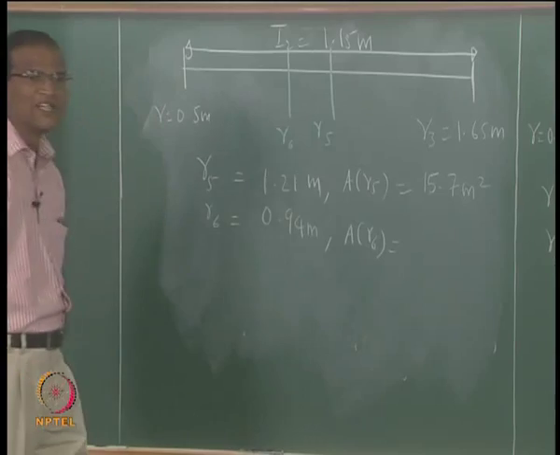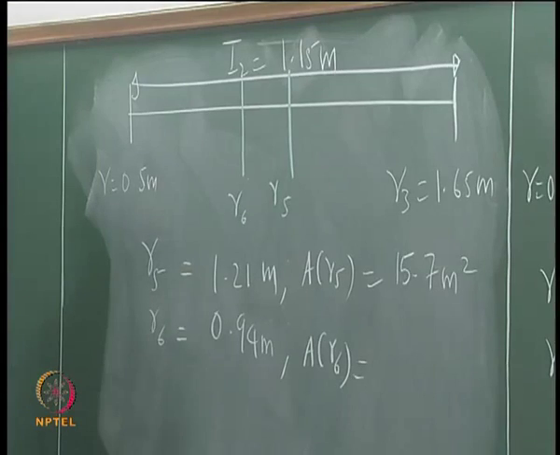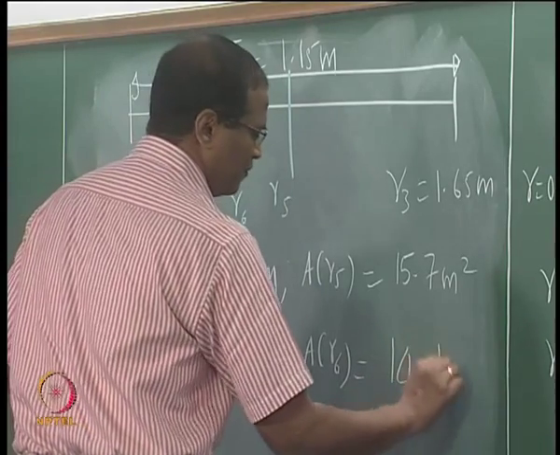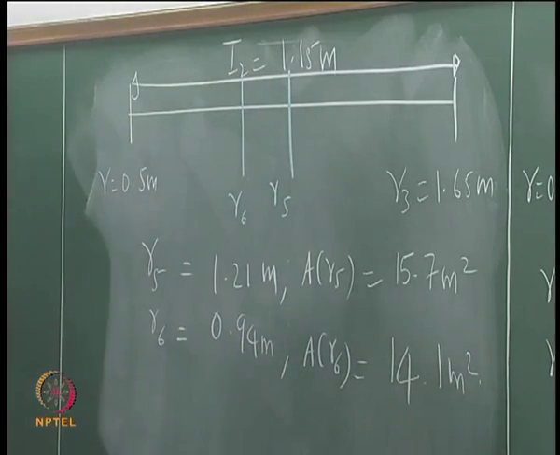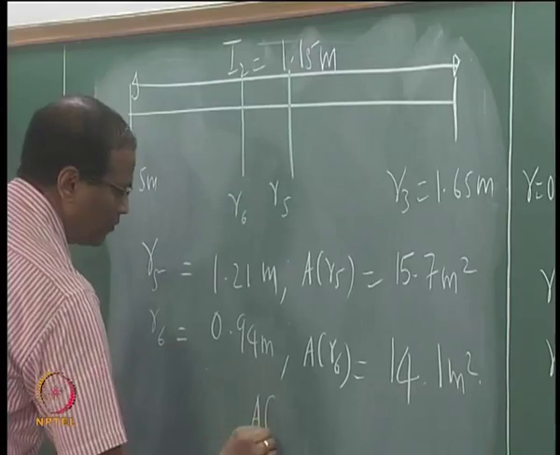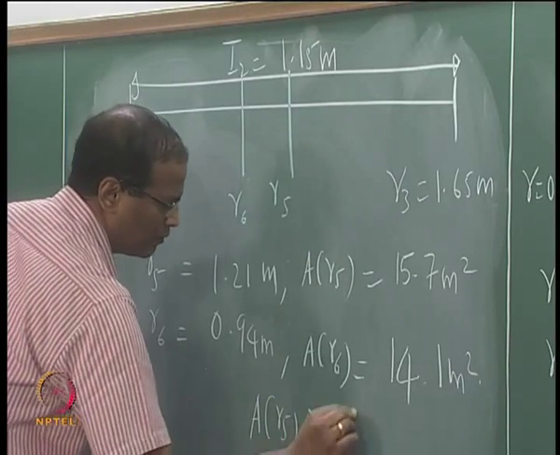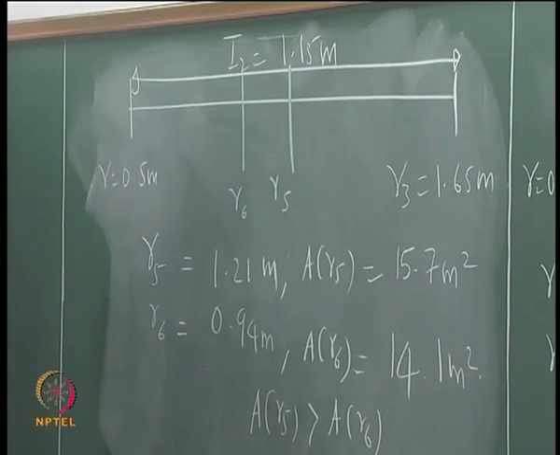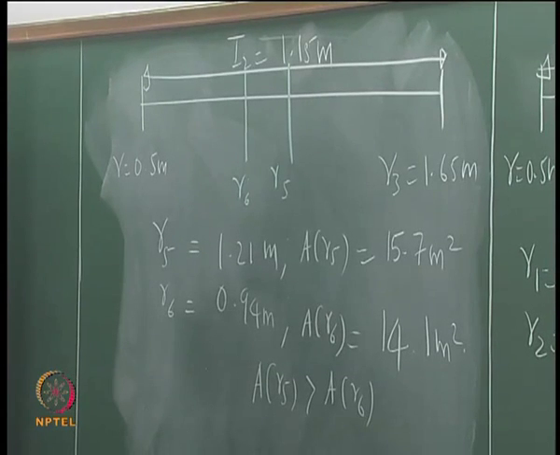R6 also we have from yesterday's notes, 14 point something. Okay. Again we are eliminating to the right, is it? Yeah.